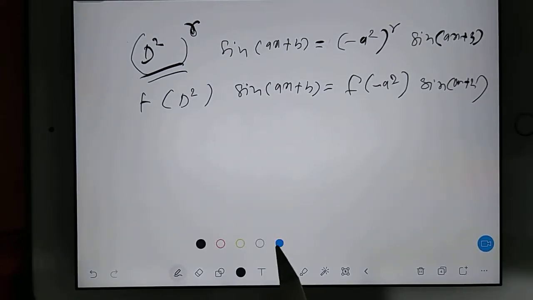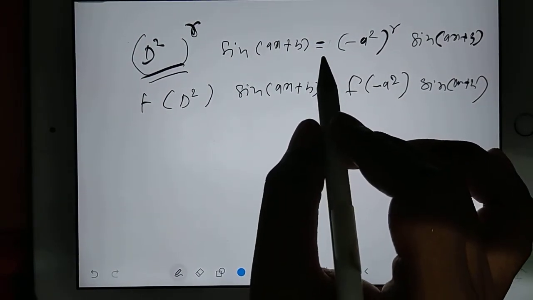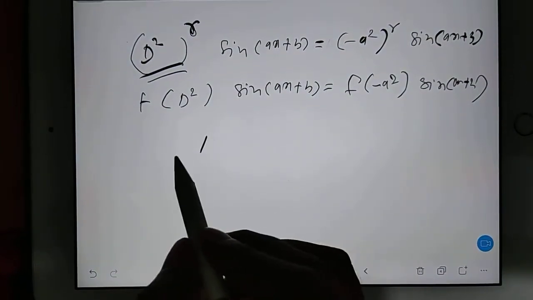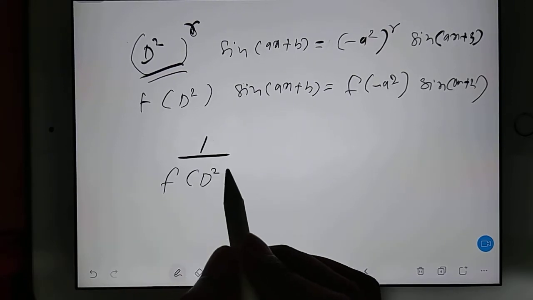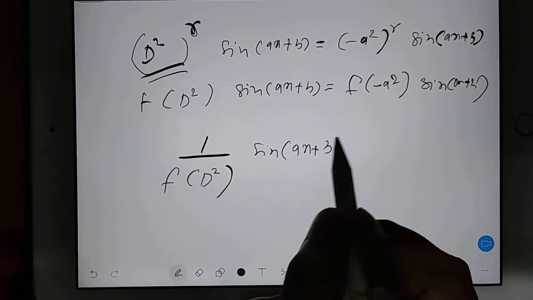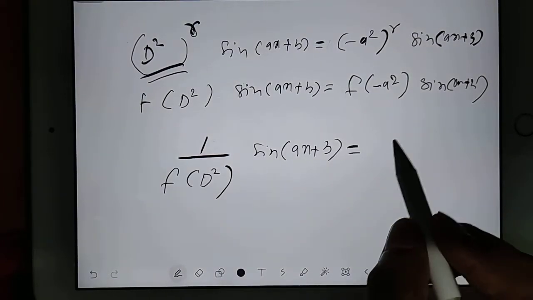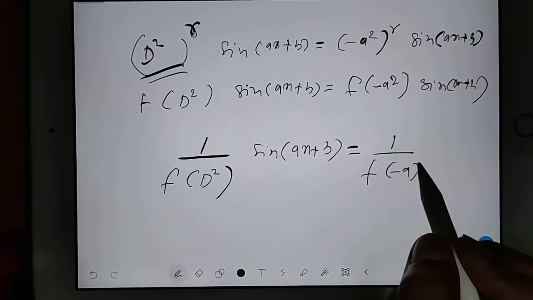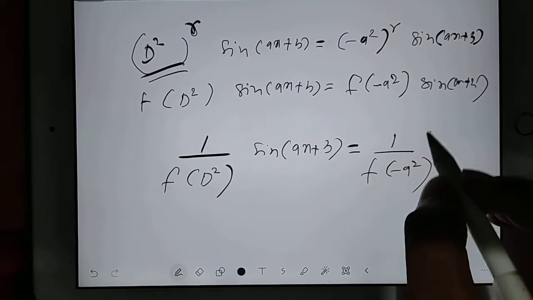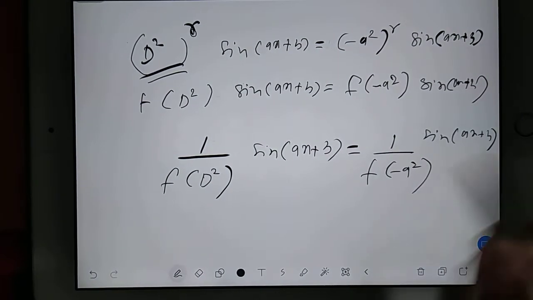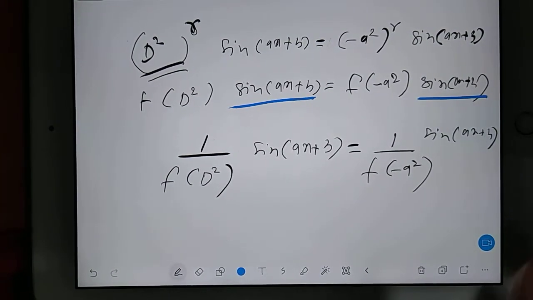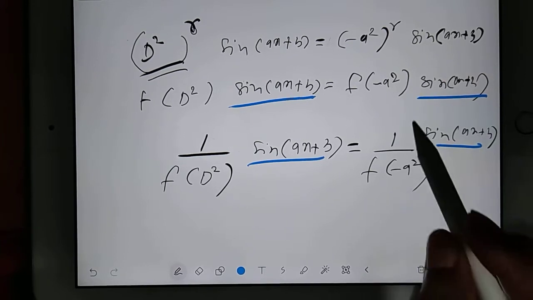Now you have to operate both sides. So how will you operate both sides? Now you directly remember the formula. Whenever you have 1 by f of d square sine ax plus b, that you will operate as 1 by f of minus a square and sine ax plus b. So you see here, if sine is given, your answer will come in sine. Only one change you will do.